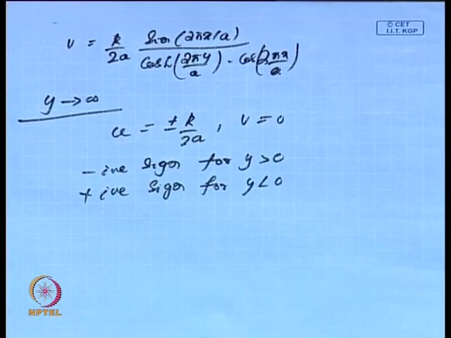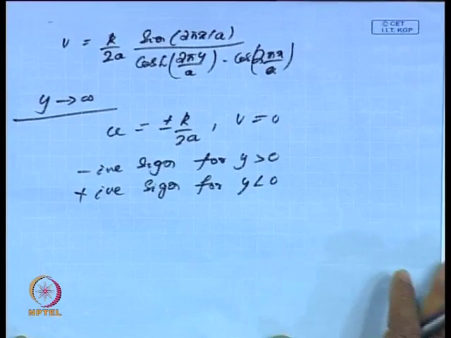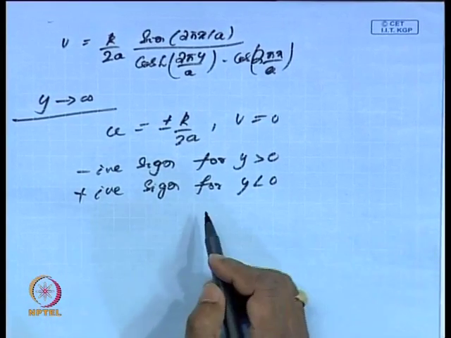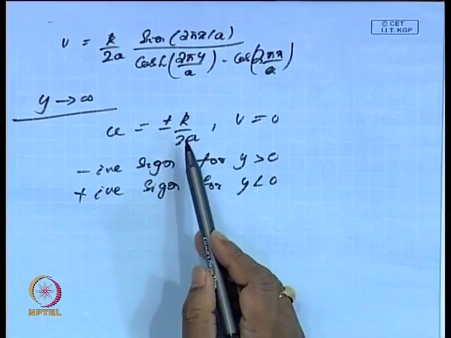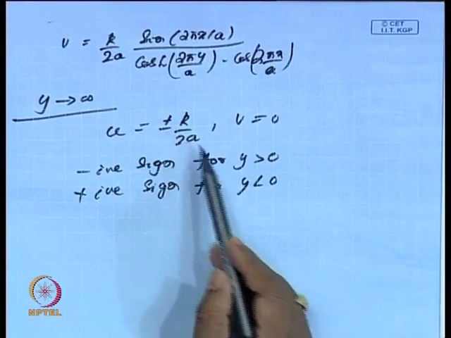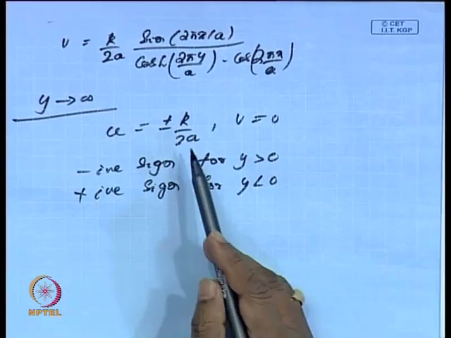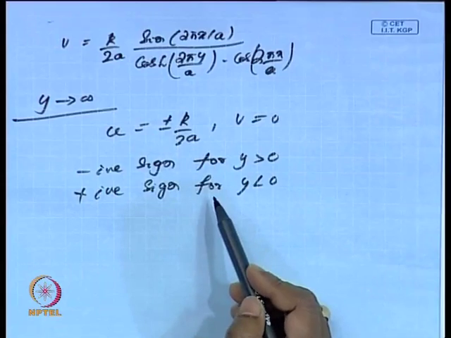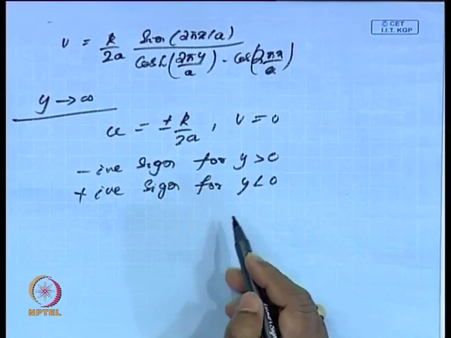So y tends to infinity, that means away from the infinite row of vortices, we have a fluid which is flowing at a uniform speed along the x axis, that is at a speed of minus k by 2a and plus k by 2a.